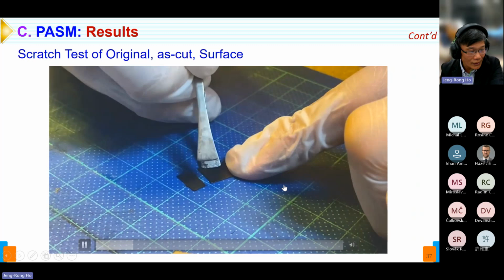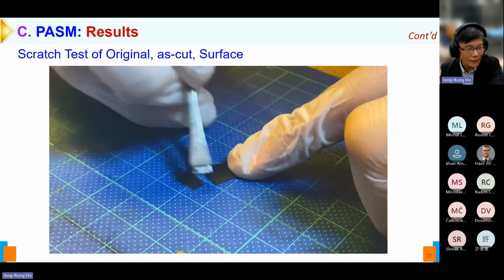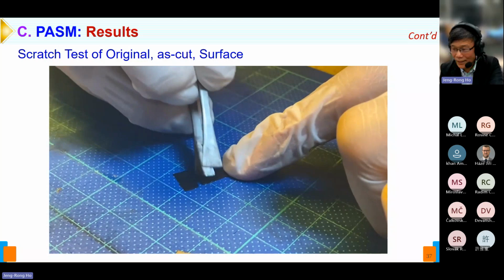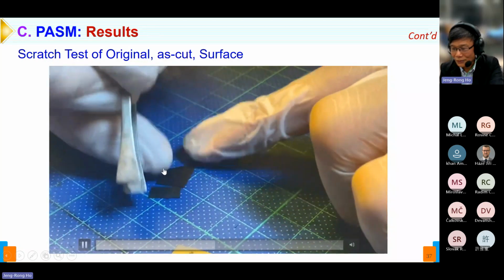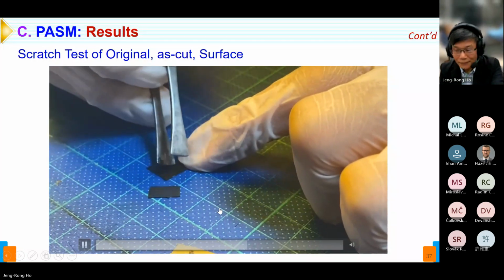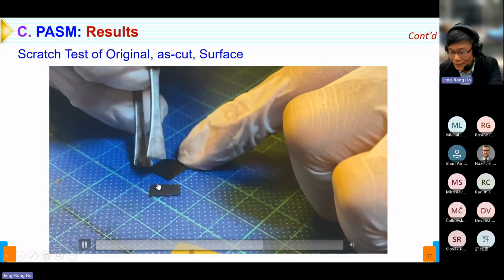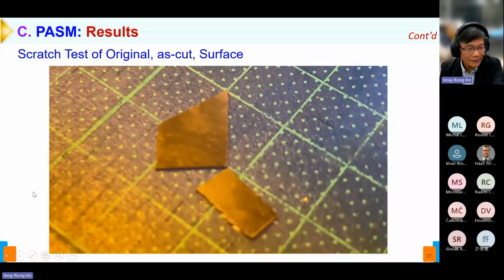We use a very simple, mechanical way to scratch the surface, and because it's very hard and brittle, it is easy to make a crack and separate.